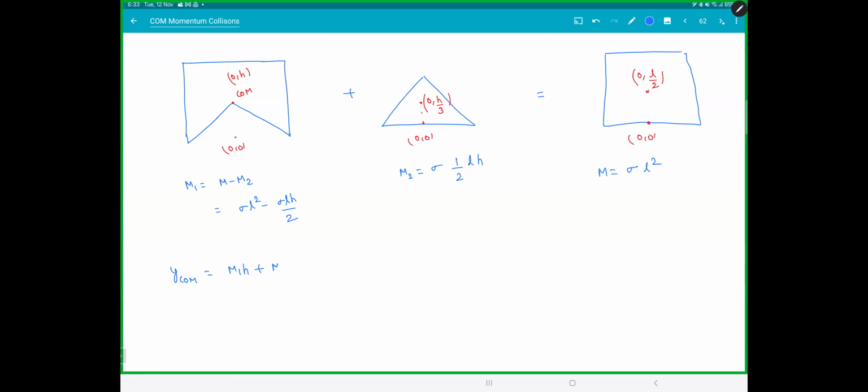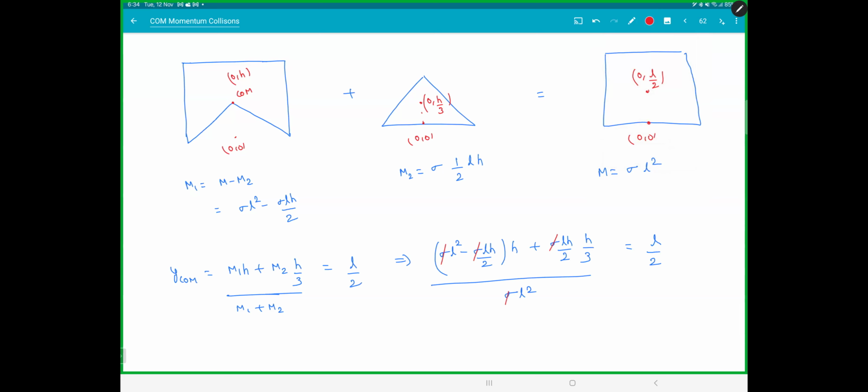So y center of mass will be m1 h plus m2 h by 3, divided by total mass m1 plus m2, which must be L by 2. That is the center of mass of the full plate. Sigma L square minus sigma LH by 2, into h, plus sigma LH by 2 into h by 3, divided by total mass sigma L square, is L by 2. Sigma is common in all.